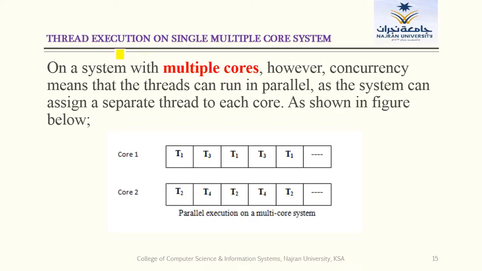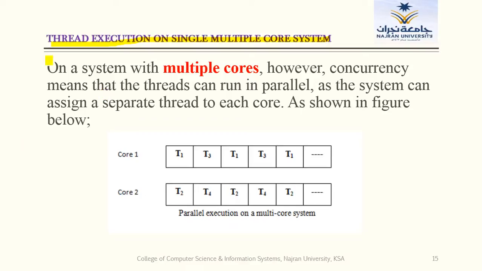So, thread execution on a multiple core system. On a system with multiple cores, concurrency means that the threads can run in parallel. Let's suppose we have a system with 2 cores, core 1 and core 2, in 2 processors.